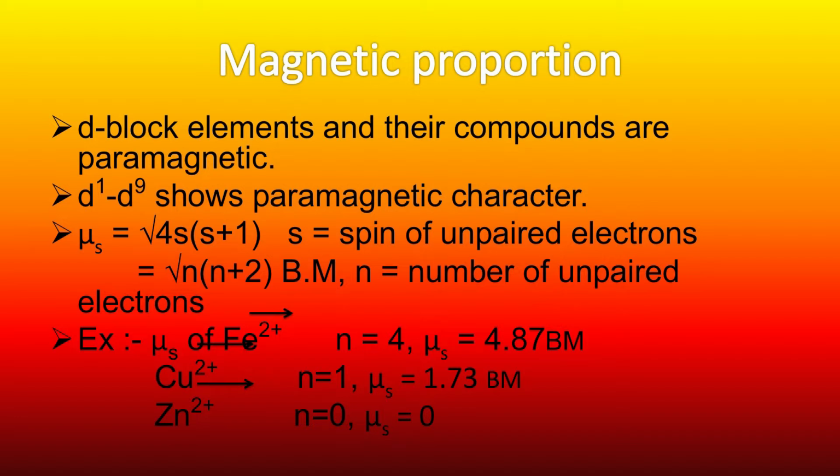So most of the transition metals and their compounds are paramagnetic. It is only because of the presence of unpaired d electrons in their penultimate shell.